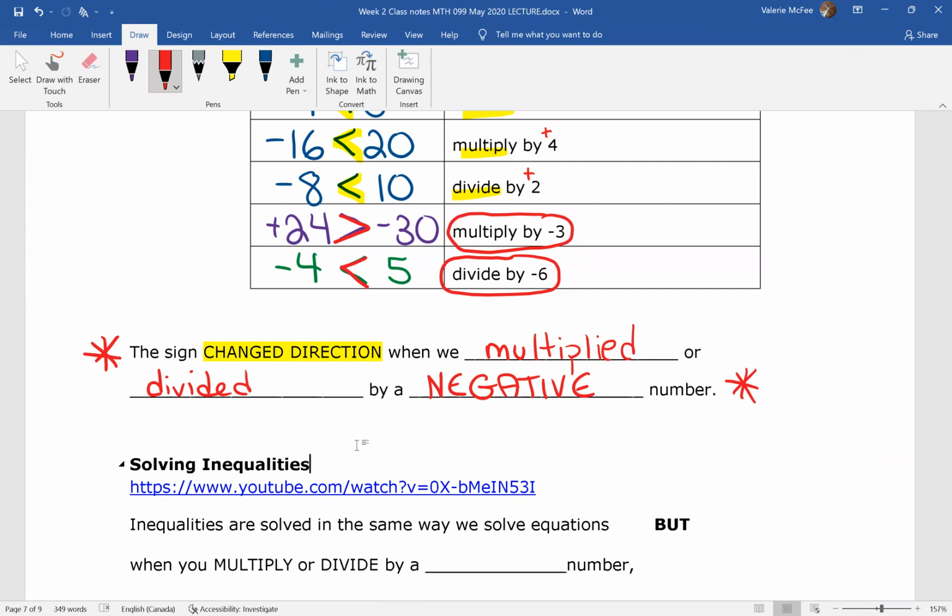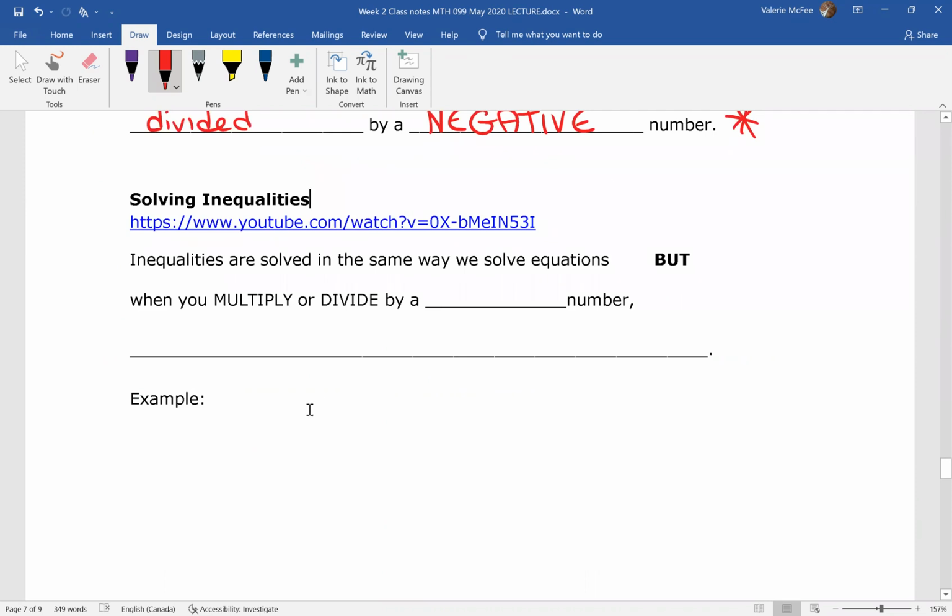So if this is something that's a little bit new to you or something that you're not really familiar with, I would write that down, stick it up on your bathroom mirror, and stare at it while you brush your teeth. Because we want to practice solving inequalities.